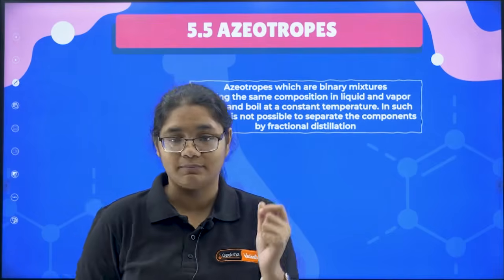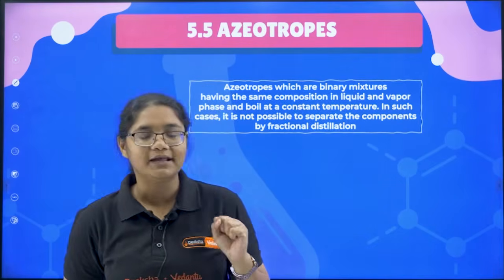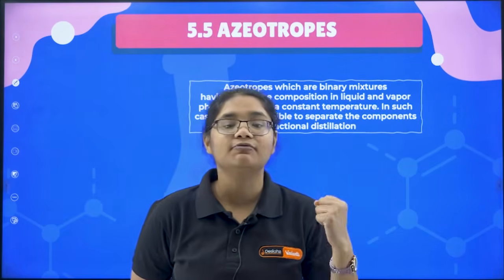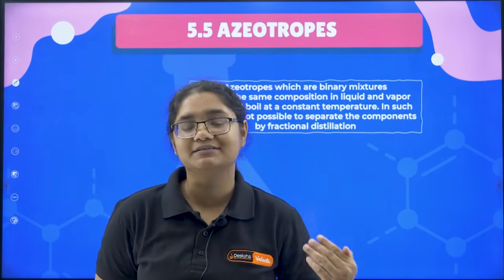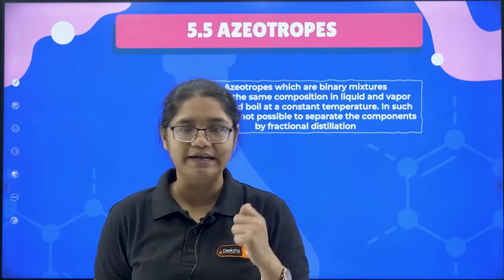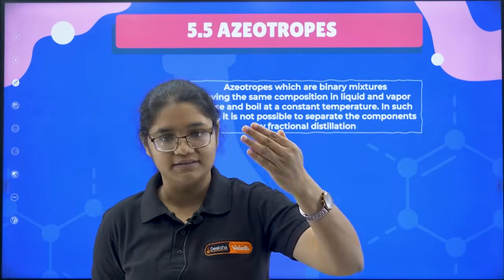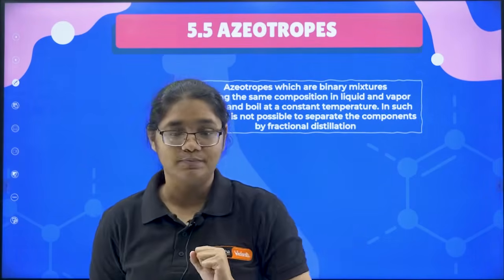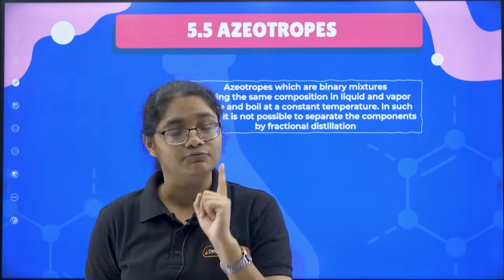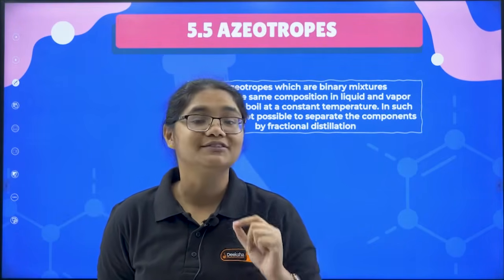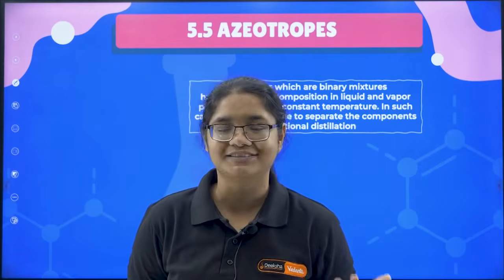Recall the working principle of fractional distillation: you heat the solution, the one whose boiling point is less evaporates faster, condenses and then separates out. But here the mixture has one boiling point, so it is not possible to separate them by fractional distillation.